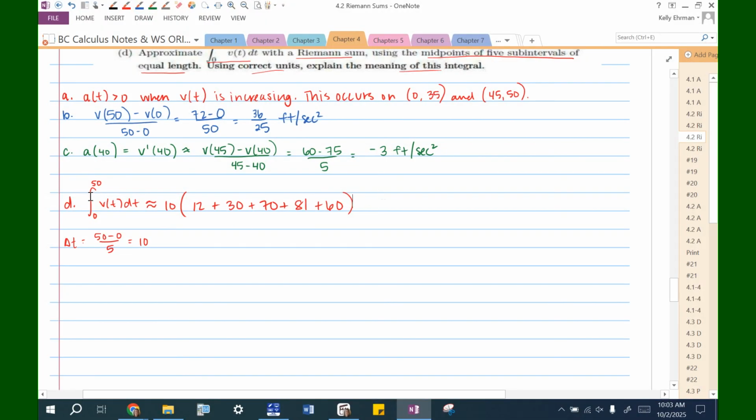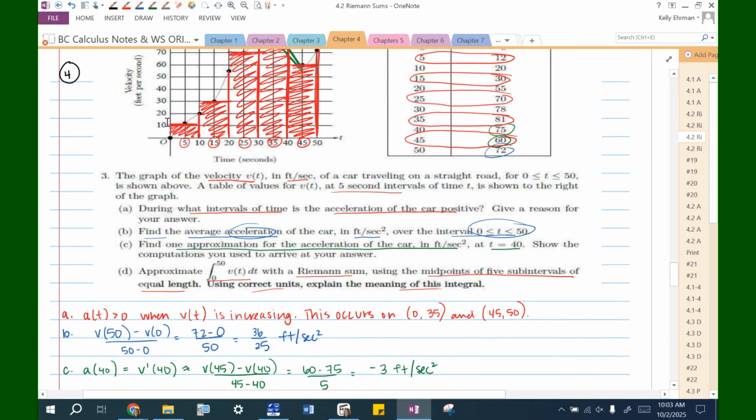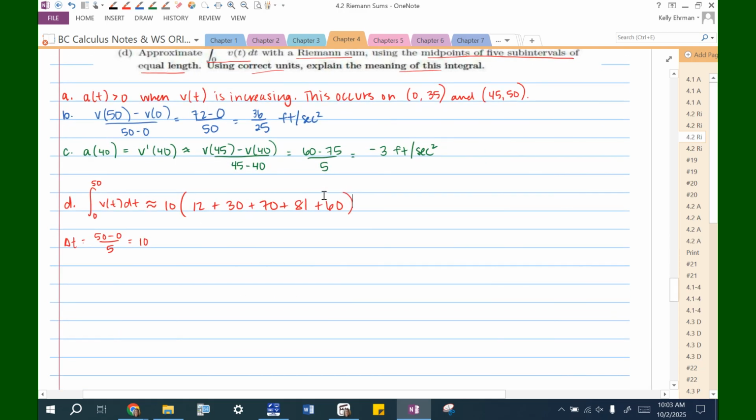So what would this be? We just took the area of these rectangles. So it was feet per second times seconds. That's going to leave you with total feet. So the label on this is feet. And what is my interpretation?